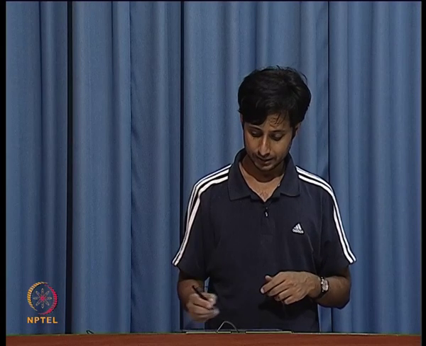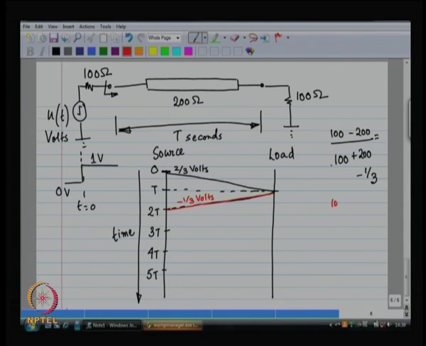At the source the reflection coefficient has the same formula. So, it is 100, that is the resistance, minus the characteristic impedance, by 100 plus 200. So, it is the same value, and as a result, I made a mistake. Minus 1 by 3 is not what got reflected back.